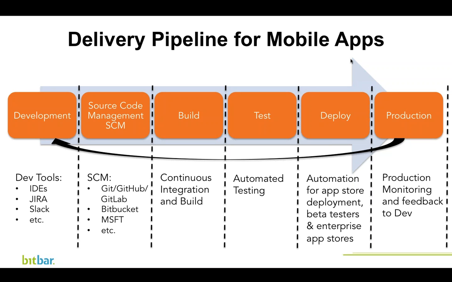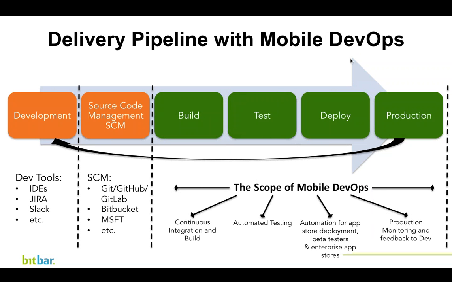Testing, of course, should always be automated. I'm going to focus a bit more on this with my demo. Plus, there's going to be more information about how test automation can bring new benefits for mobile DevOps delivery.